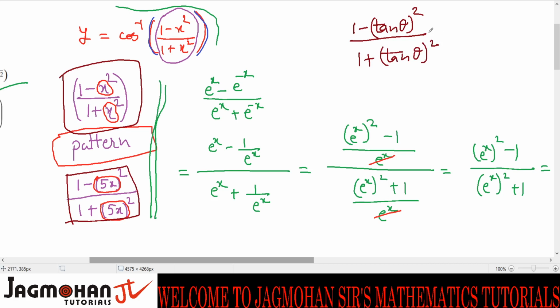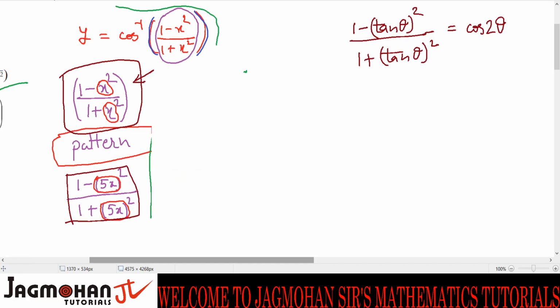You know this trigonometric formula; it is equal to cos of 2 theta. So this expression can be reduced to cos 2 theta if I substitute x as tan theta.